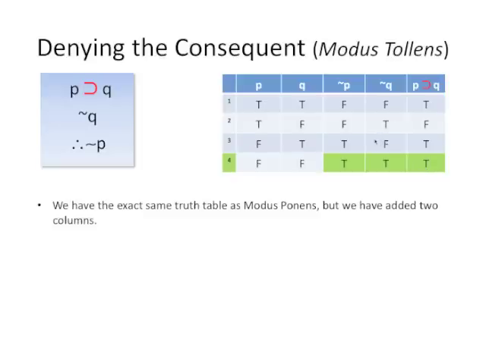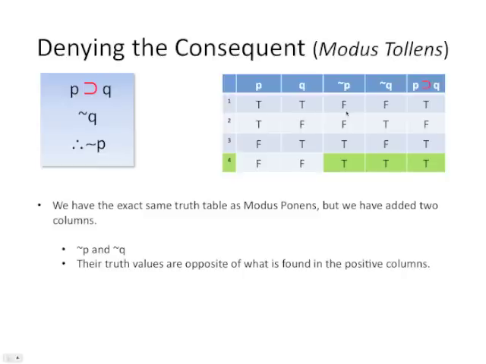Now you're going to notice that we have that exact same truth table as modus ponens, but we've actually added 2 more columns. So I've added 2 columns here. Columns 3 and 4 are marked off as not P and not Q. The columns really shouldn't throw you for too much of a loop, because all they are is the exact opposite of what you see in our positive columns.